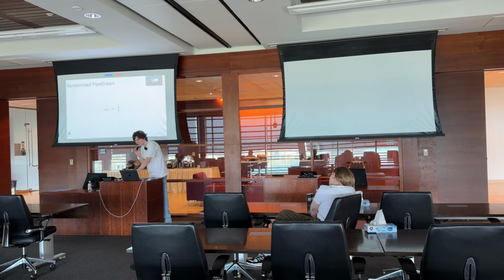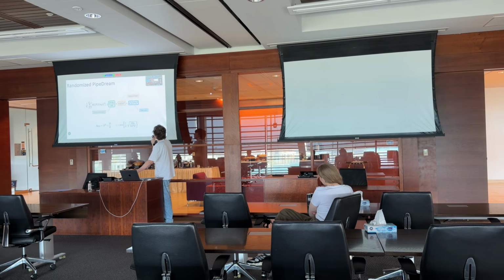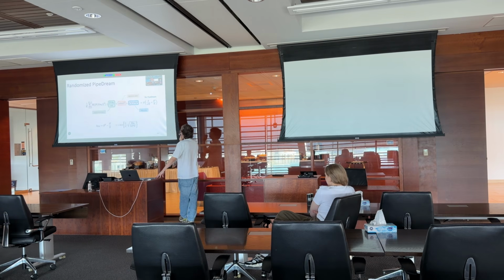Now we can finally use this delta in order to predict what will happen with the real PipeDream, not the randomized version. So we substitute this delta in our convergence theory. We also substitute the tuned step size in order to reduce the number of parameters in the convergence rate. And here's the rate that we got.